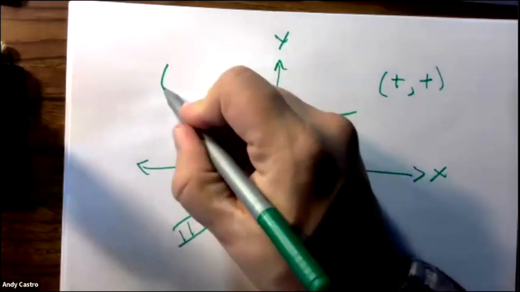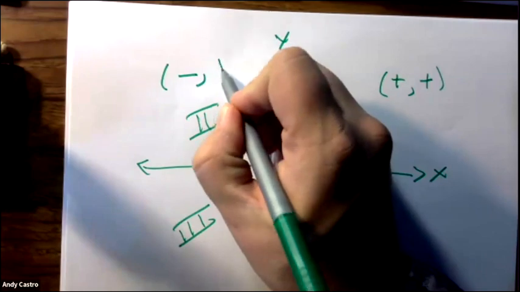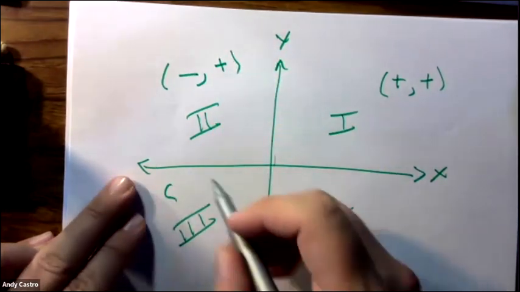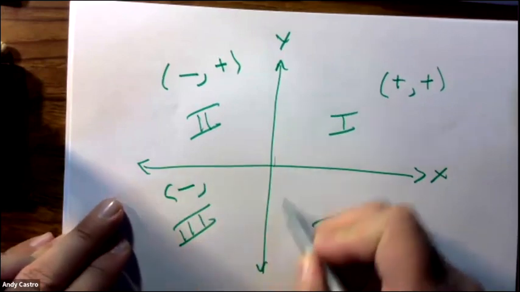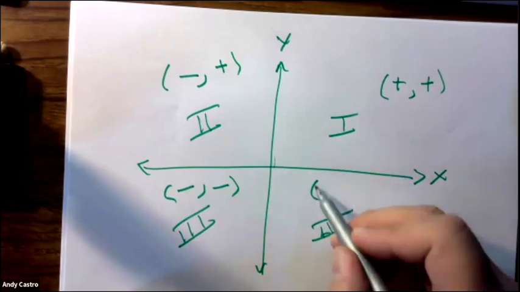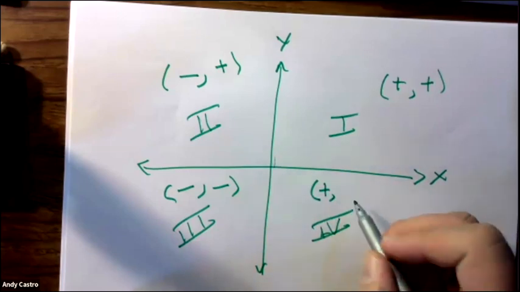Then, of course, quadrant 2, X is negative, Y is positive. Quadrant 3, X is negative, Y is negative. And in quadrant 4, X is positive, Y is negative.